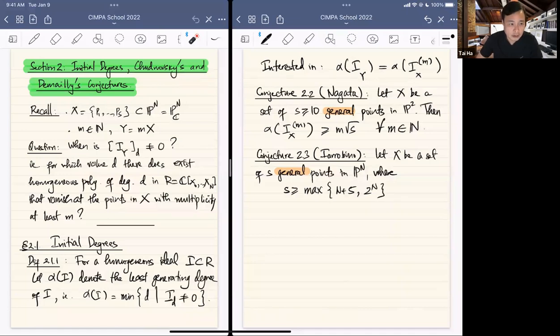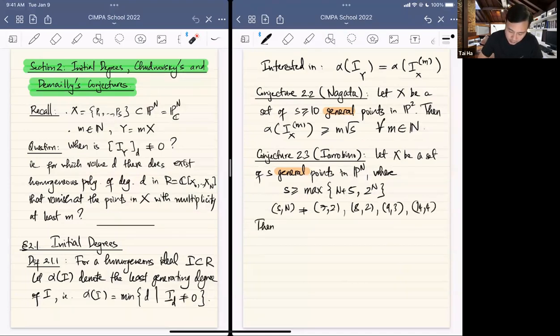He also wants the pair S and n not to be the pair 7, 2, 9, 3, or 14, 4. Those are the exceptional cases.